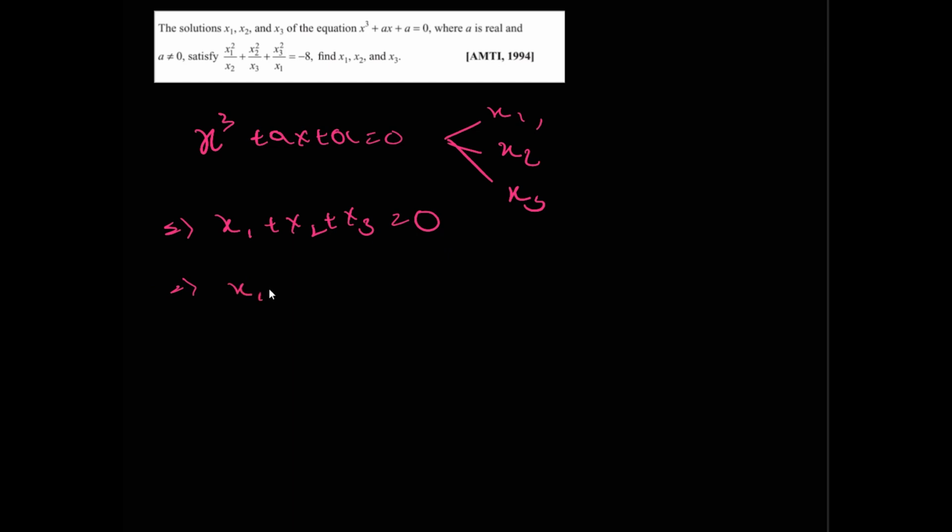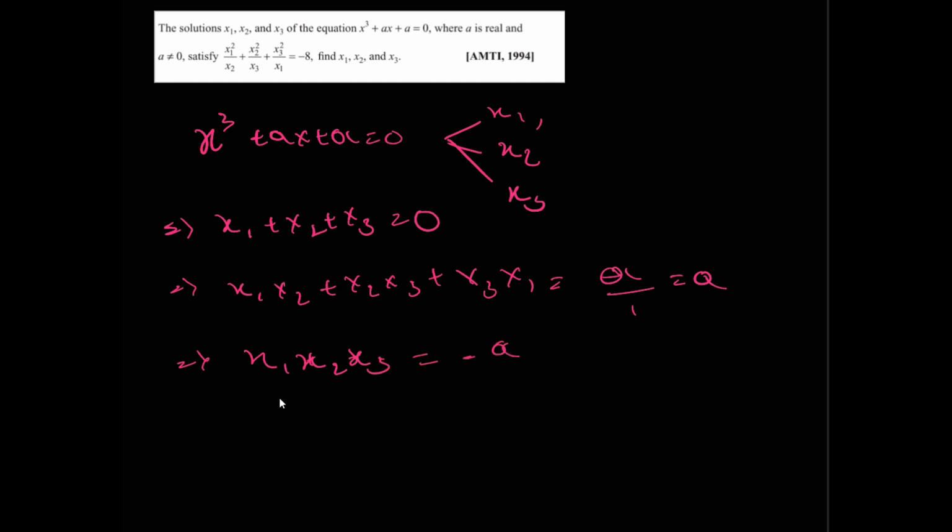And x1 x2 plus x2 x3 plus x3 x1 will be a by 1, that equals a, and x1 into x2 into x3 will be minus a.